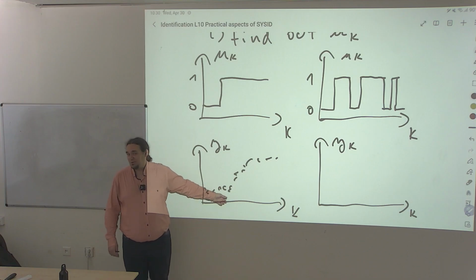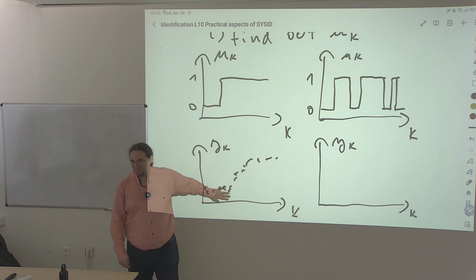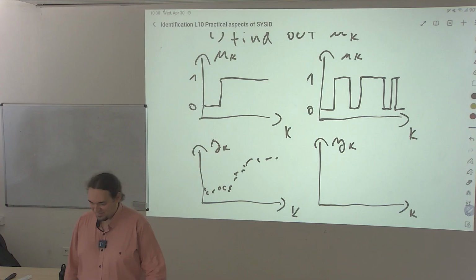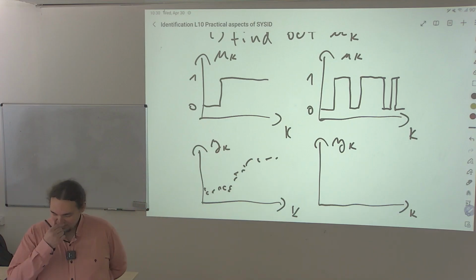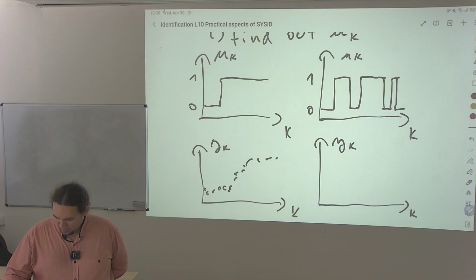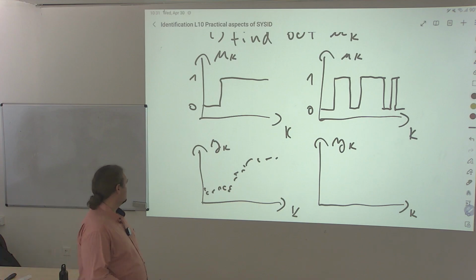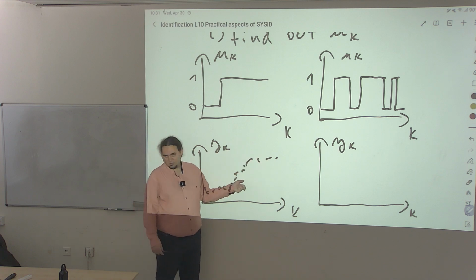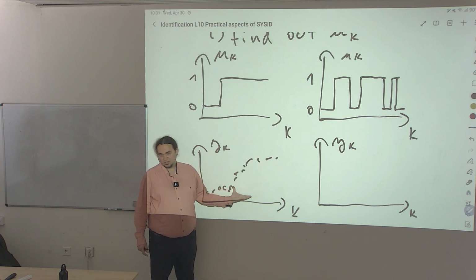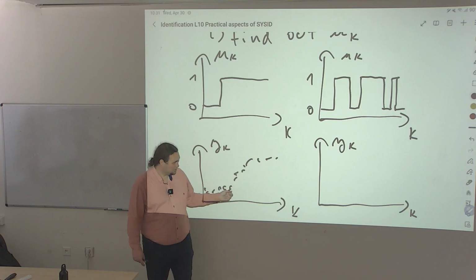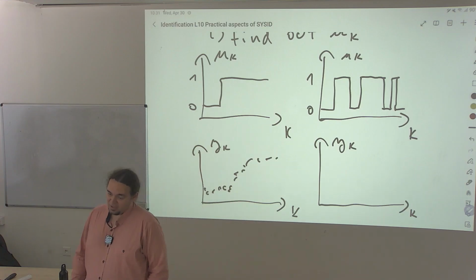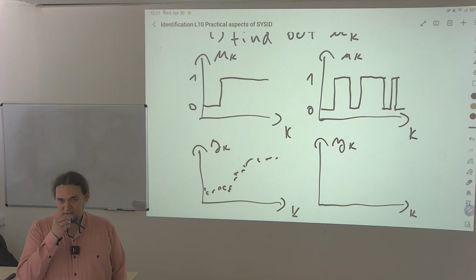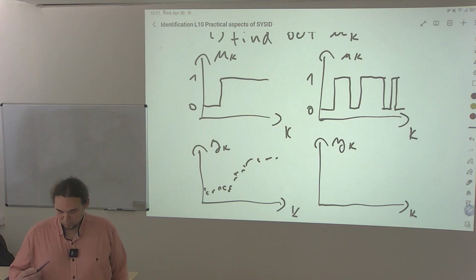It might not even be visible, and this is still a very nice picture, maybe after some filtering. So you can get to the steady state, and you can get some dominant time constant, but it might not be easy to actually get the fast pole. It might be completely hidden.